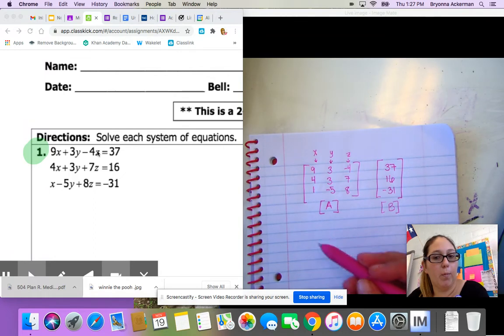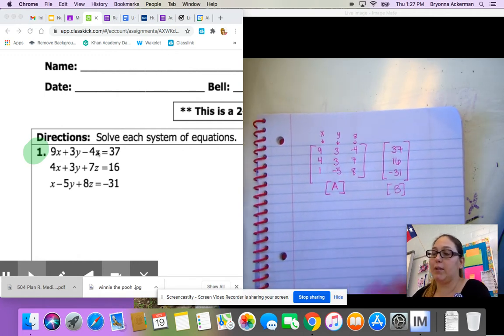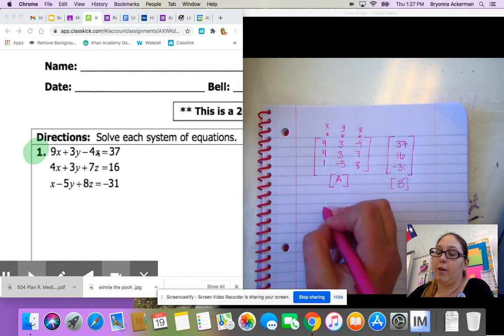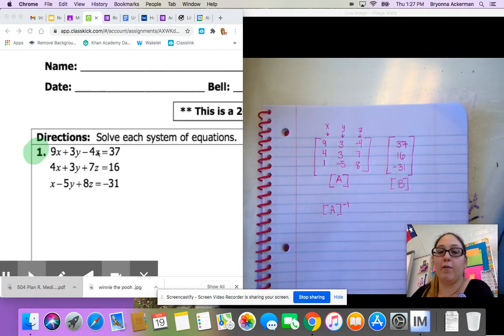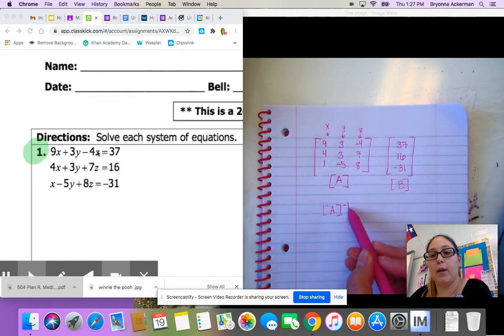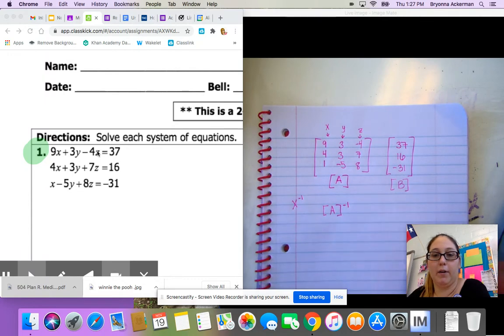And I want you to remember when we solve for equations, we always have to do the inverse operation. Once we enter this into the calculator, once the information's in there, the final result will be matrix A, the inverse of it. And inverse is this little negative 1 on top. The way that you find it on the calculator is it has an x to the negative 1, okay?